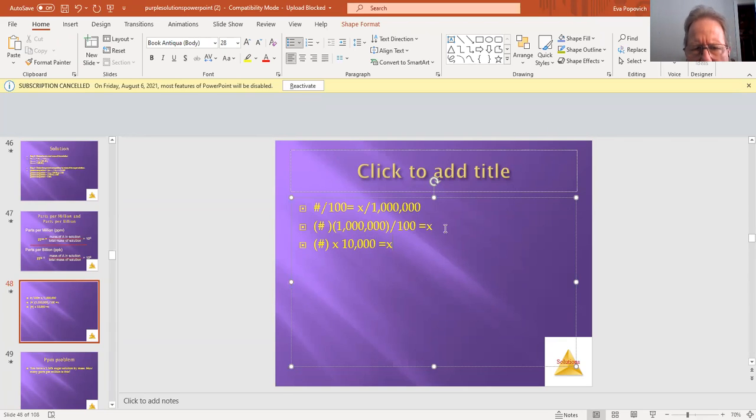So in order to convert from percentage to parts per million, I have to take whatever percentage I have, divide it by 100, and then multiply it by 1 million, and I will get my parts per million.